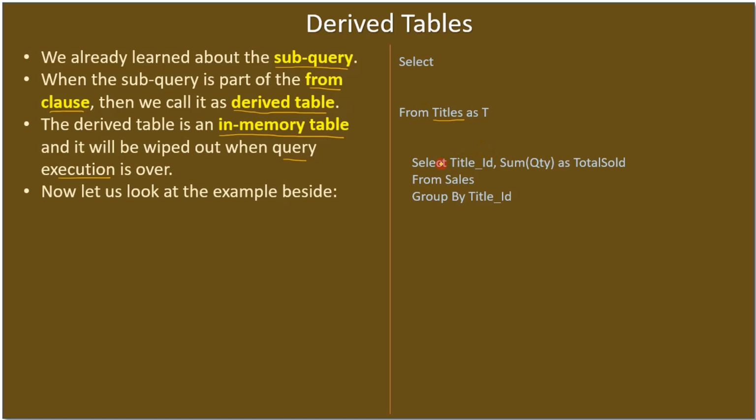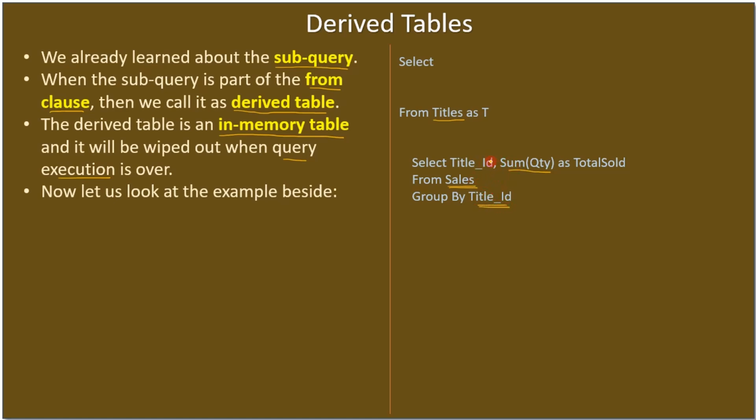And there is one more select statement, which is part of the main query. Here if you see, we are selecting title ID and sum of quantity, using the aggregate function, as total sold from the sales table, and we are applying the group by clause here. We are grouping it based on the title ID.